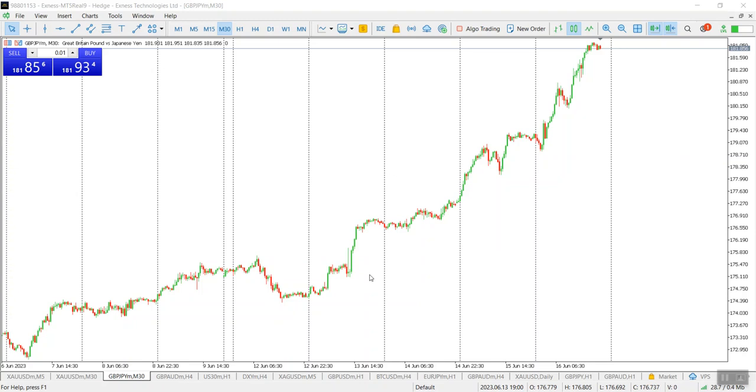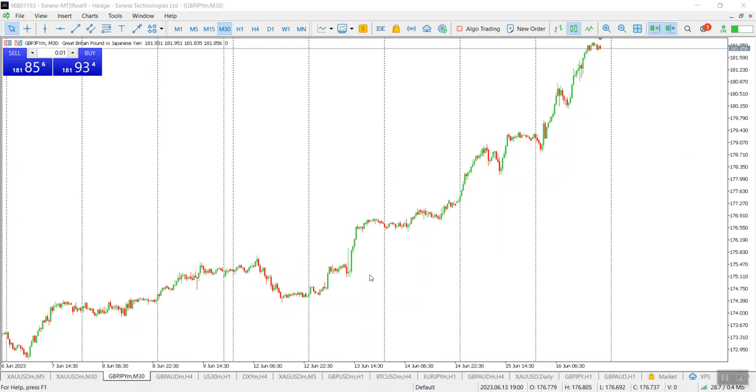For you to know the direction the market is going, so as to have a higher probability of successful trades, you should be able to know the direction the forex market is going.